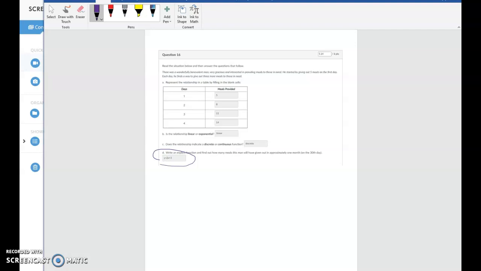And so we're talking about meals, and you want to write an explicit function and find out how many meals will be given out on the 1 month. So your answer is not going to be the formula. You need to do that on your own, but I want to know how many meals. We want a number. How many meals would you be given on the 30th day?